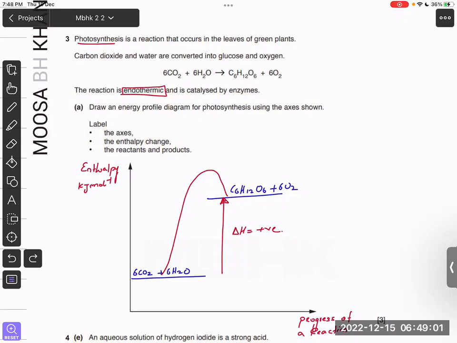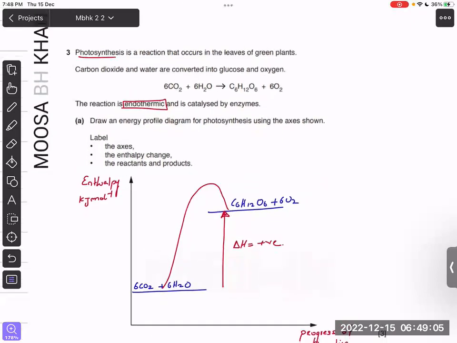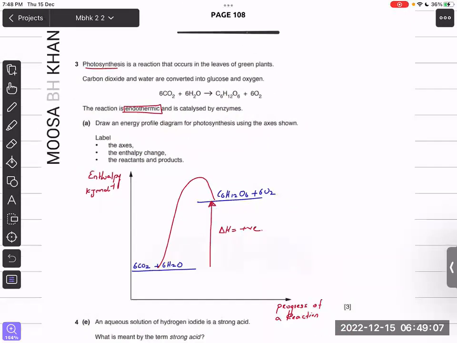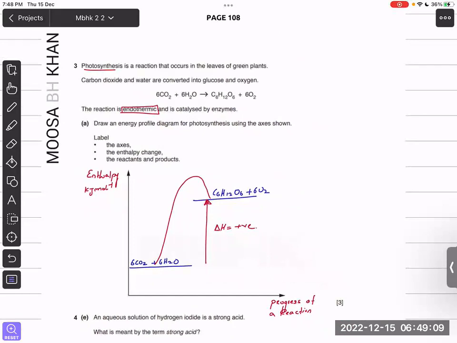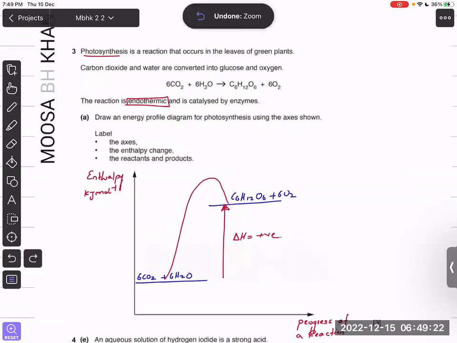Sir, can you move a little down? Down or up? Because that's enough. Done. Done. Okay.